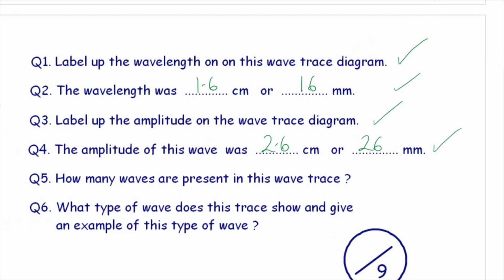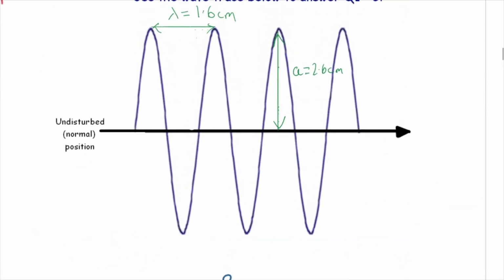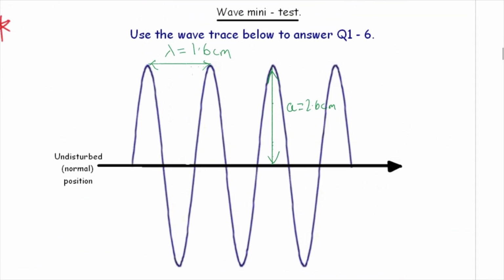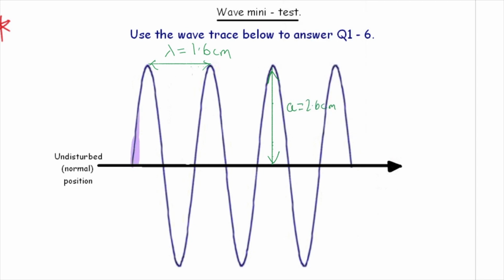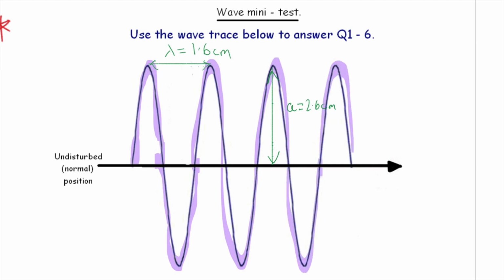How many waves are present in this wave trace? Remember, this is the one I got wrong last time, so we're going to take our time with this and do it together. I'm just going to use a highlighter. Okay, so that's a quarter, that's a half, 3/4, 1. That's 1. 2, 3, 3.5.